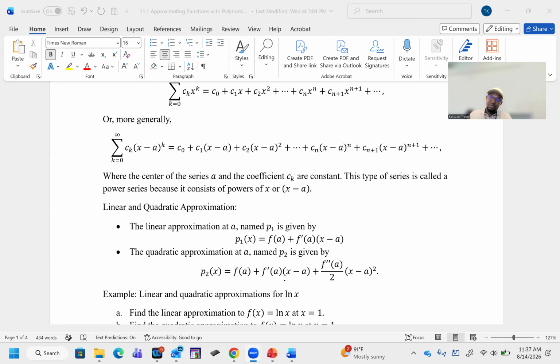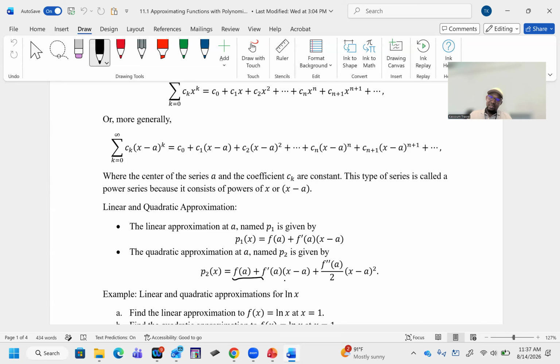So I'm not going to do the proof here, but you can see this is just like what? P sub 1, right? This is P sub 1 of x that we have. Okay? So now let's jump and start some of the examples.